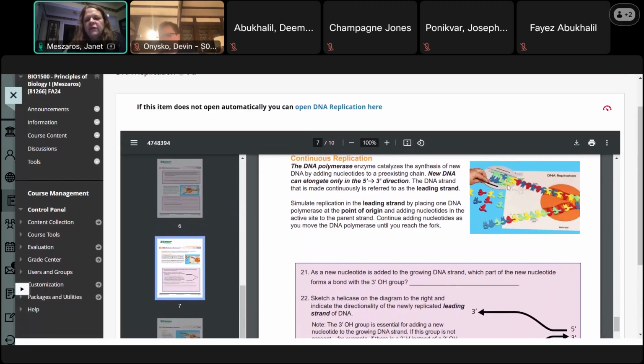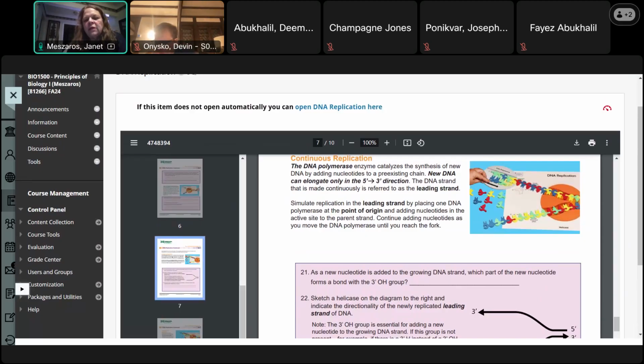Now, there's something that happens first, but they just jumped over that because it's getting too complex with this model. So we're just going to add the DNA nucleotides. So DNA polymerase, that's an enzyme, comes on board, and here's the little enzyme. It catalyzes the synthesis of new DNA by adding nucleotides to a pre-existing strand or chain.